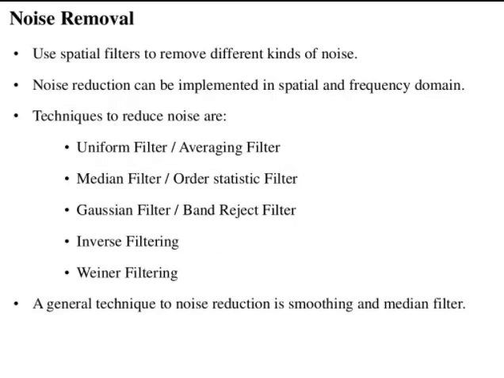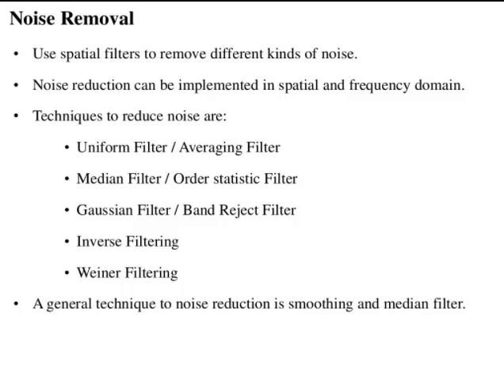Now we will come to the main part of our chapter, denoising. Denoising is also known as noise removal. For that we have to apply different types of filters. We use spatial filters to remove different kinds of noise. Noise reduction can be implemented in the spatial and frequency domain.